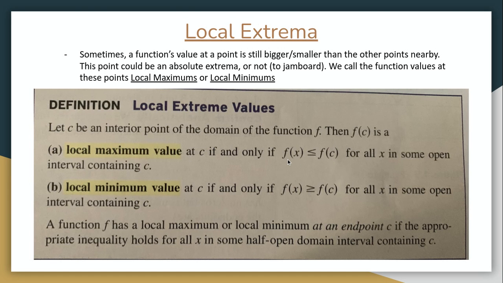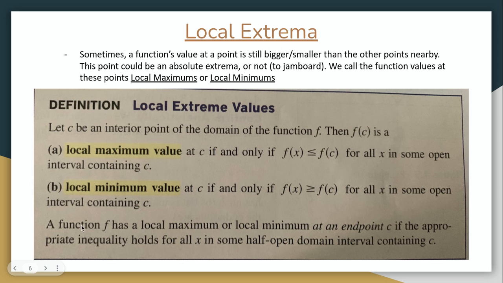Same here. It's a local minimum value at our x-coordinate c if the function value at c is less than or equal to the function values around it, for all x in some open interval containing c. That just means for all of the x values around c.